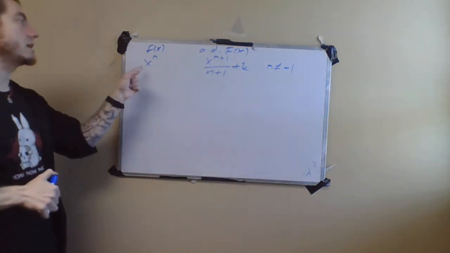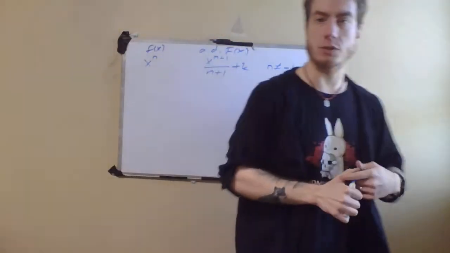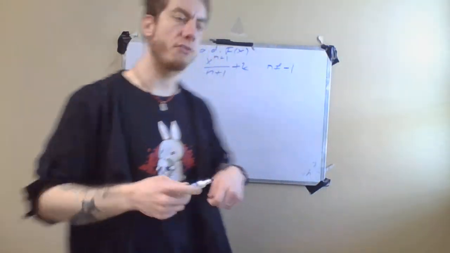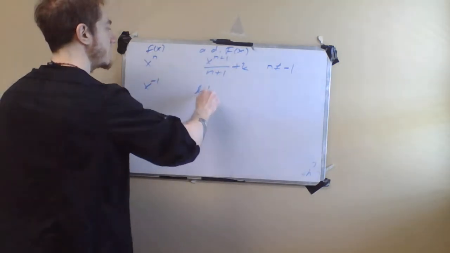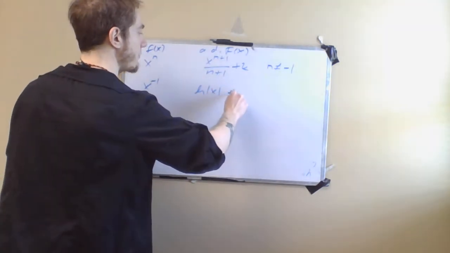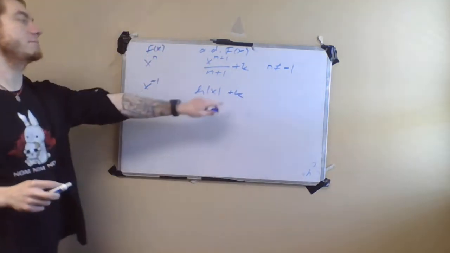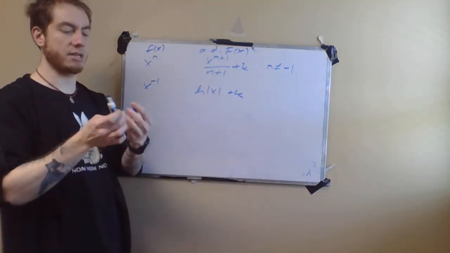That's the weird case with derivatives. So for x to the minus 1, our antiderivative becomes log absolute value of x. Now you'll notice I'm just writing log absolute value of x plus a constant.